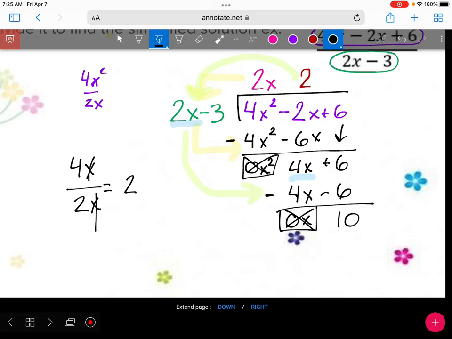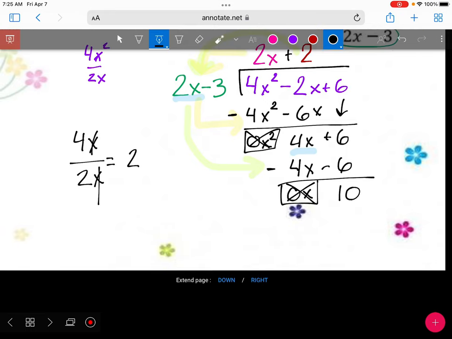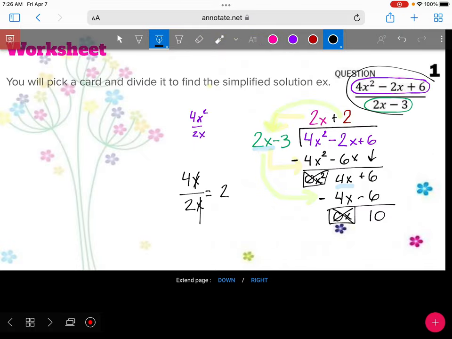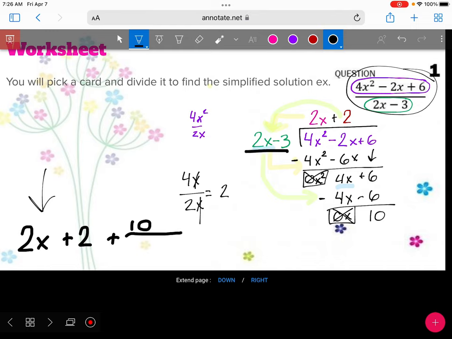So just like we did in the bell work where we put it as a fraction, we're going to take all of our terms and add them together and leave that as a fraction. So our fully simplified answer is what's on top, 2x plus 2, plus our remainder, 10, divided by what we divided by, 2x minus 3.